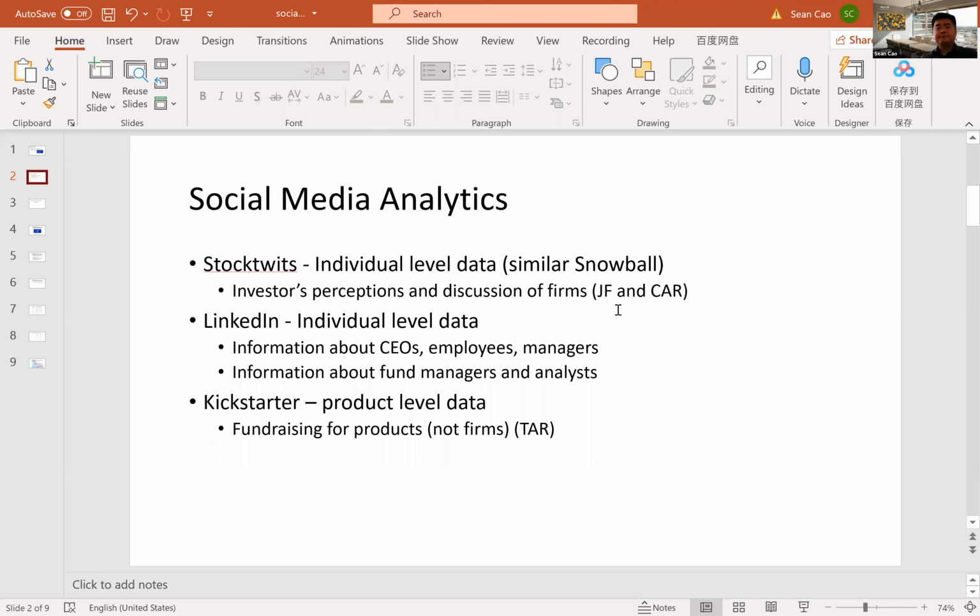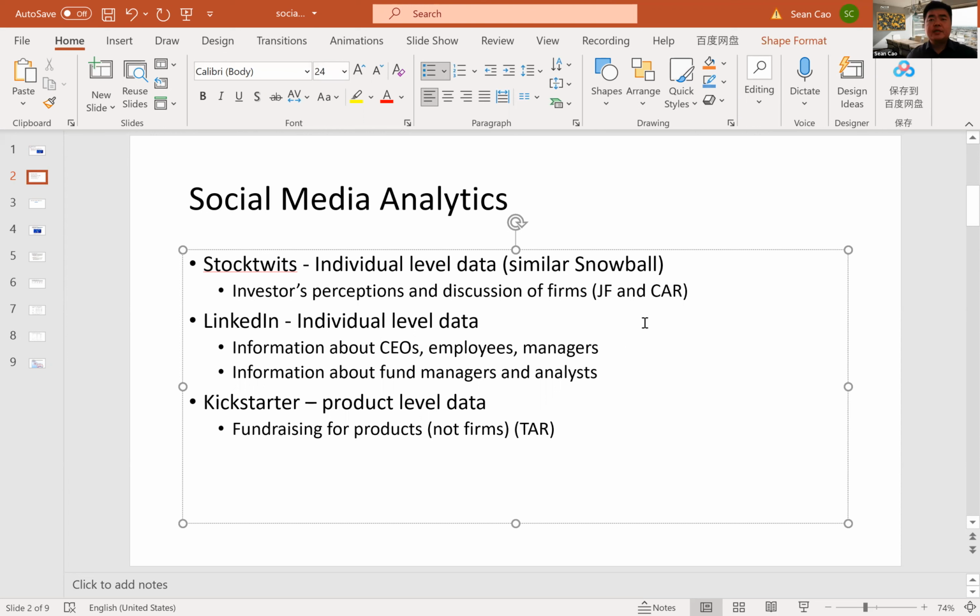So for example, in the JF paper, the team used the StockTwits data to analyze why different people have different opinions about the firm. For example, I believe Google should be a buy, and Duan says Google should be a sell.